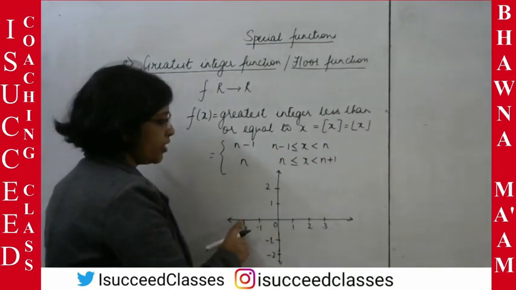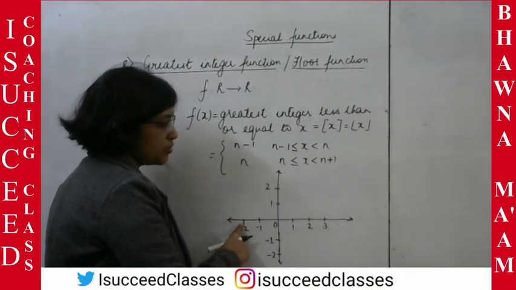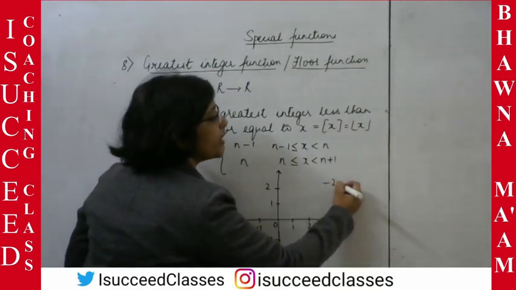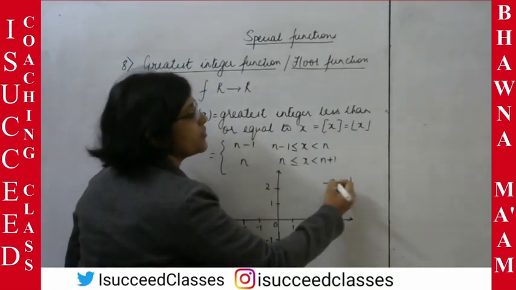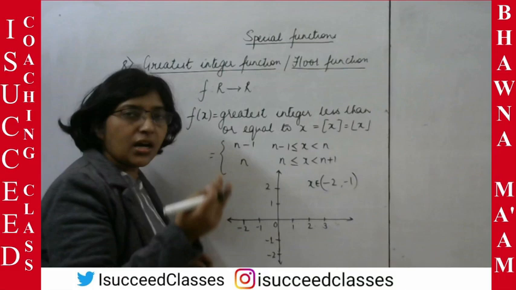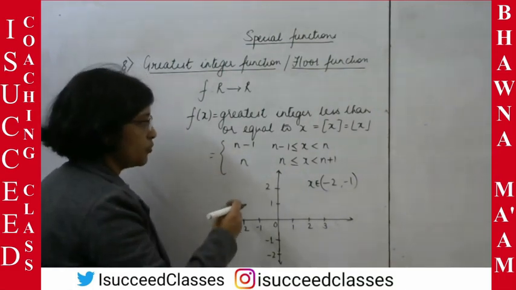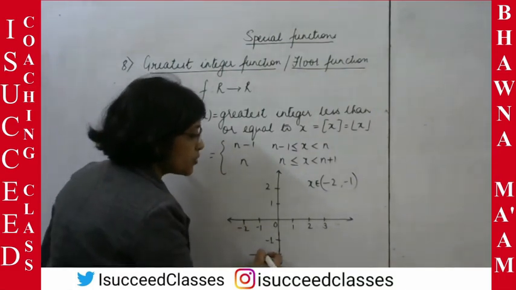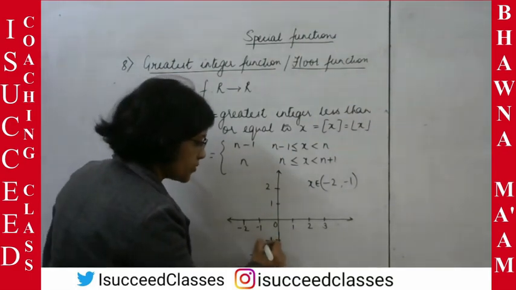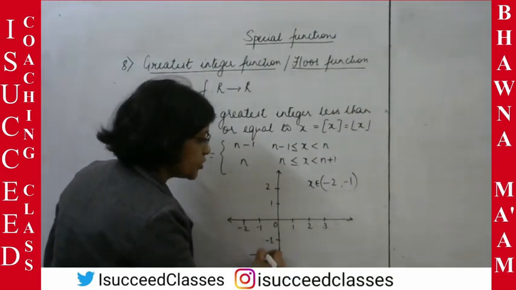When we take a value between -2 and -1, x belongs to this, then the answer is going to be -2. But as soon as we come to -1, the answer is going to be -1. So that's why we put an open circle here.